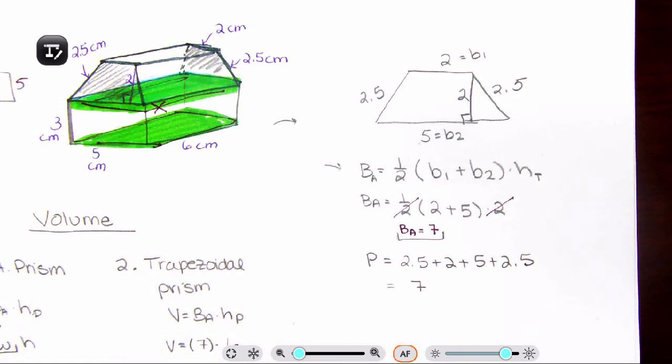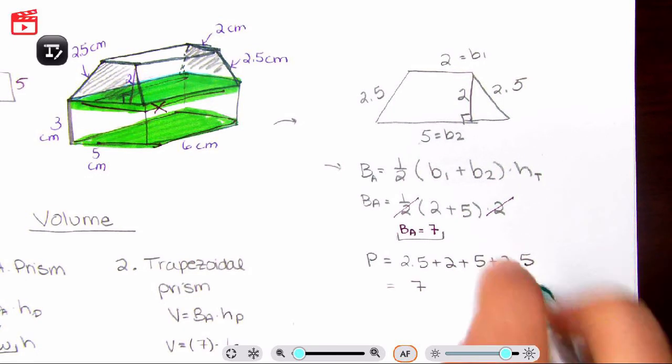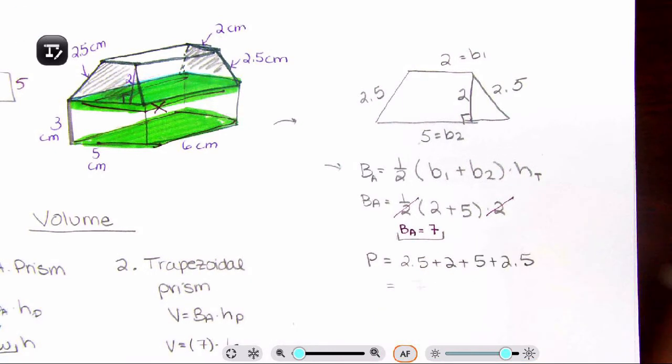That's weird how that worked out. Let's try that again. 2.5 plus 2 plus 5 plus 2.5. Oh, that is 12. So I'm very happy I checked that. And just because I made a mistake originally, I'm going to count one last time. 2.5 plus 2 plus 5 plus 2.5 is in fact 12.